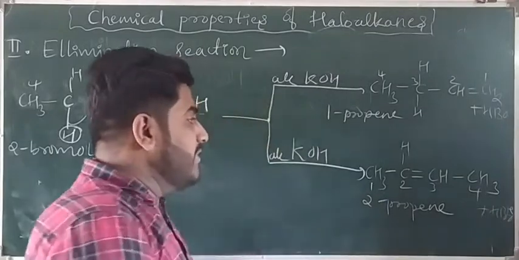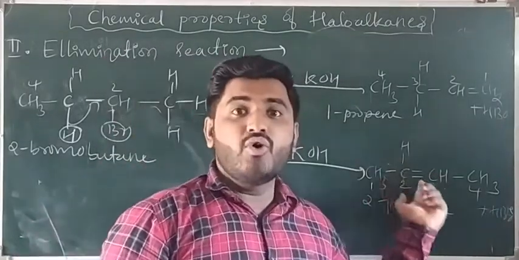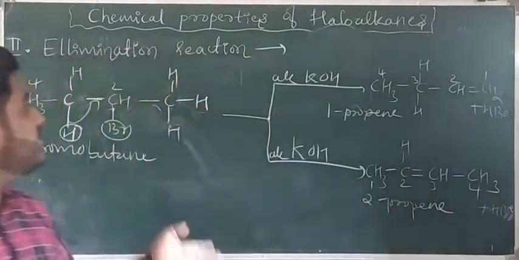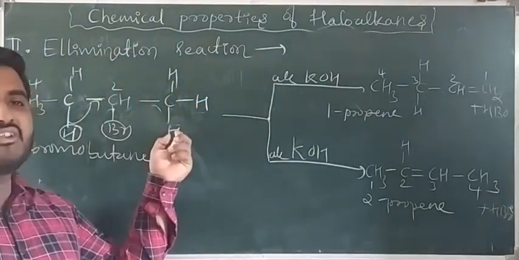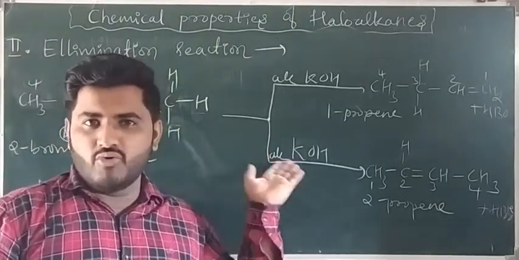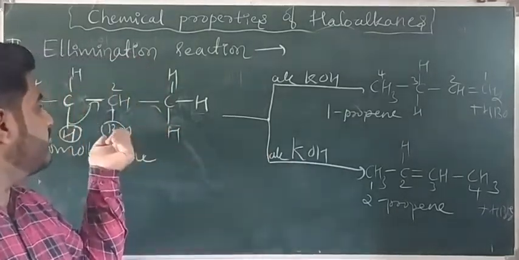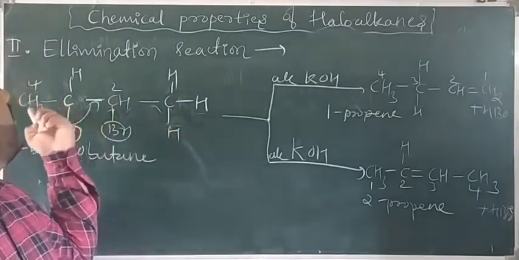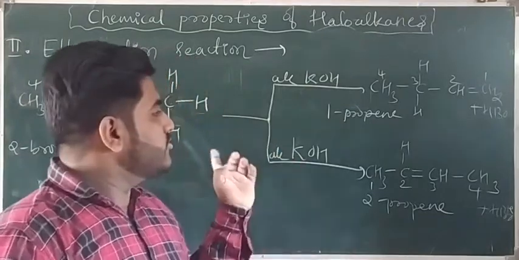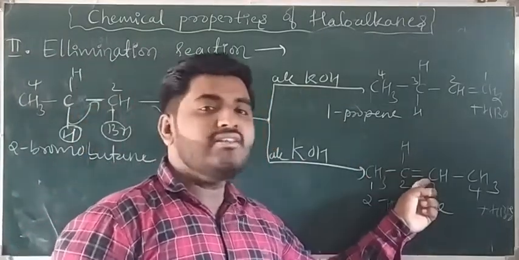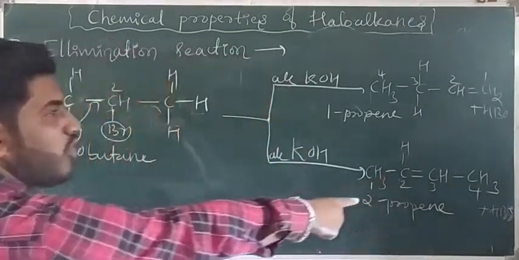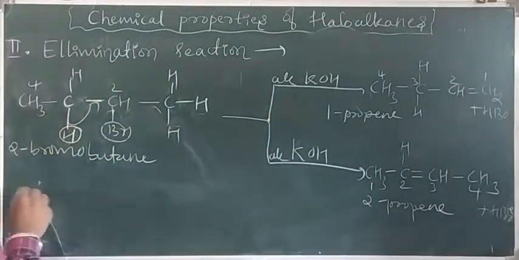That means the alkene formed has more substitution. So this is what Saytzeff's rule tells. When hydrogen bromide is eliminated from a haloalkane in more than one way, we should go to the alkene with more substitution. So this is Saytzeff's rule.